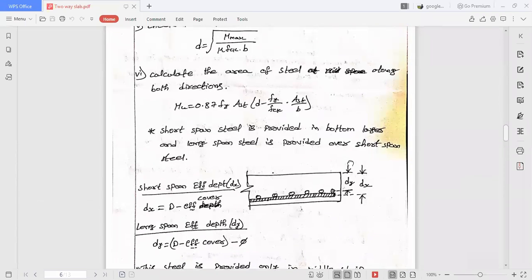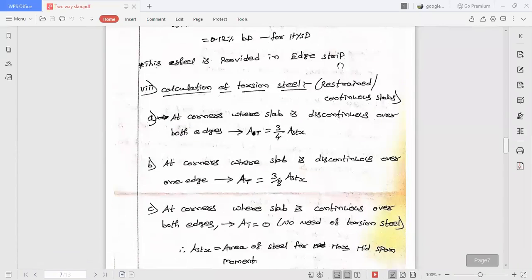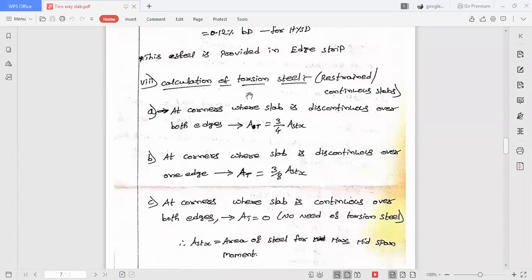Okay. Now see here, torsion reinforcement, calculation of torsion steel. So first step, at corners where slab is discontinuous over both edges, if both edges are discontinuous, we provide 3/4 of AST, and that steel is termed as AT. Torsion steel is termed as A capital T. Remember this terminology, AT. Okay.